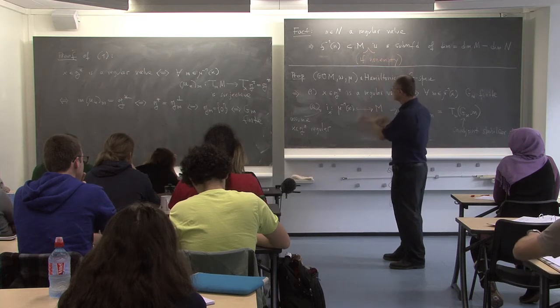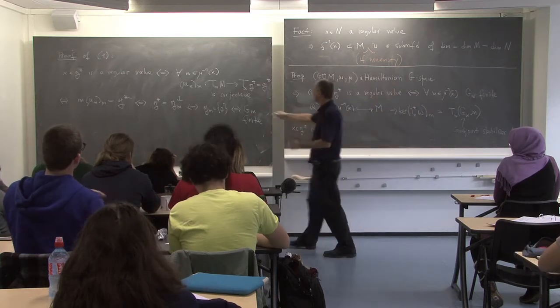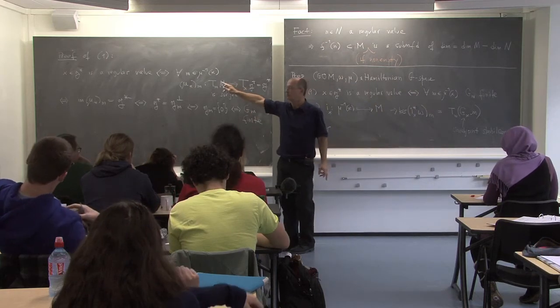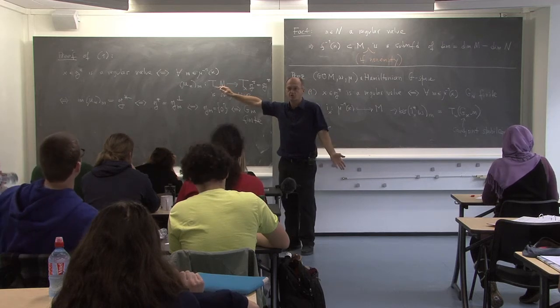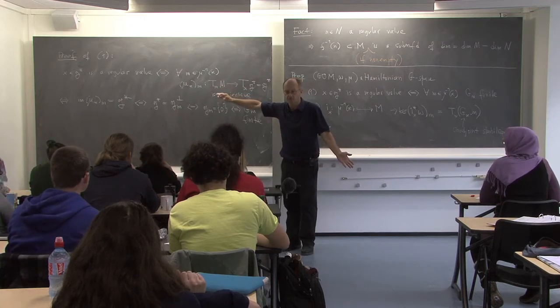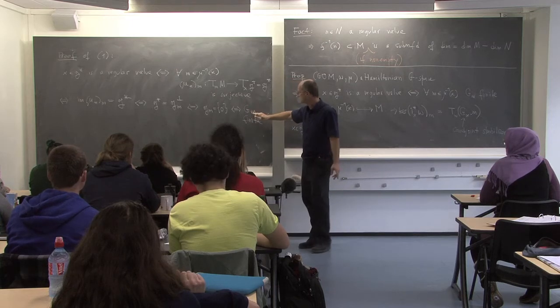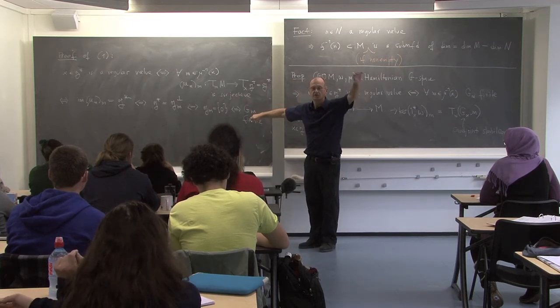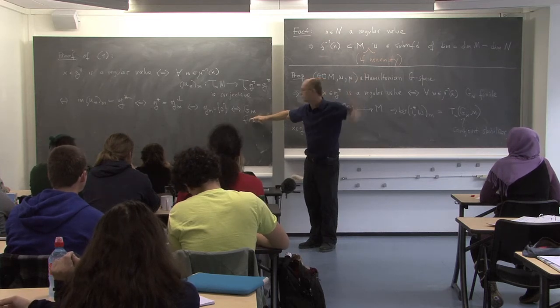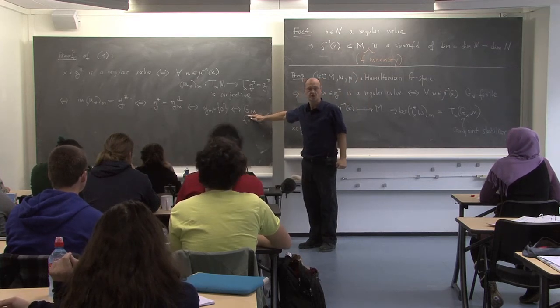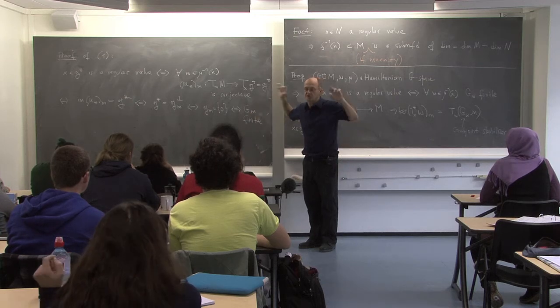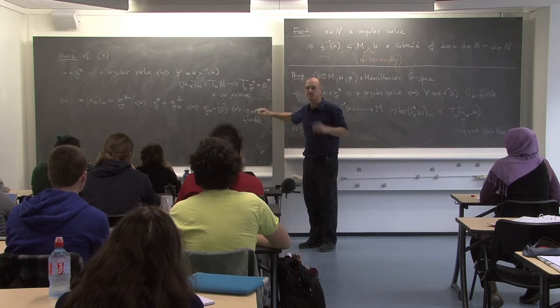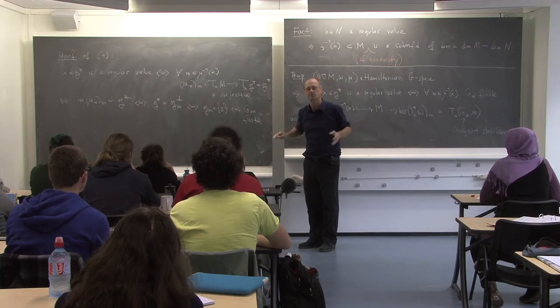And now we start seeing there is a relation. Being a regular value was a property of a function or a property of a map. And now somehow it's related to the property of the G action. On the set of regular values, the G action is in some sense very simple, right? It has only finite stabilizers. It's not allowed to have huge stabilizers.